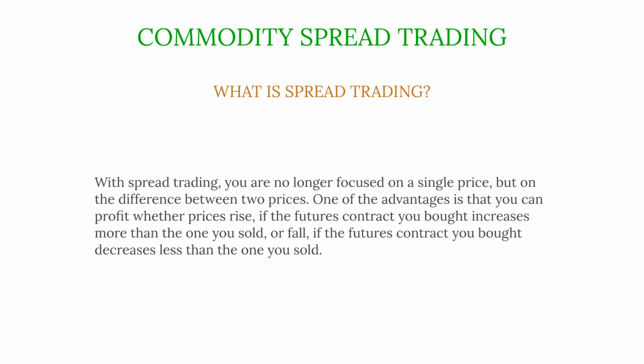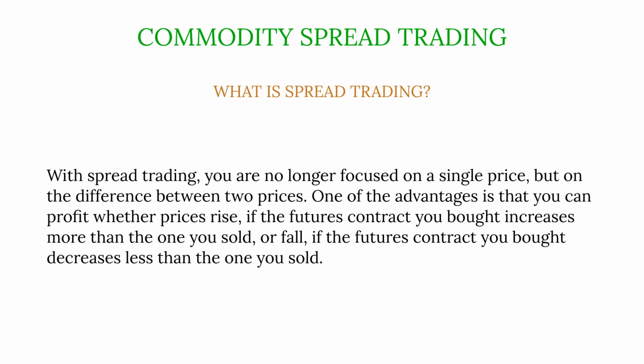With spread trading, you are no longer focused on a single price, but on the difference between two prices. One of the advantages is that you can profit whether prices rise, if the futures contract you bought increases more than the one you sold, or fall, if the futures contract you bought decreases less than the one you sold.